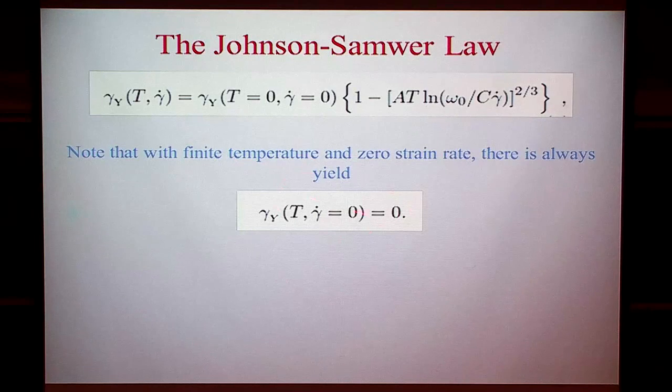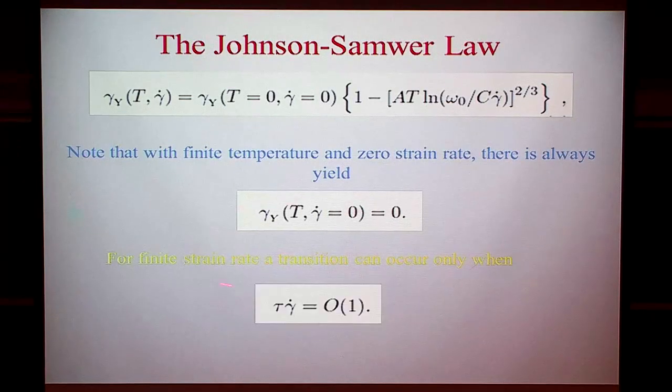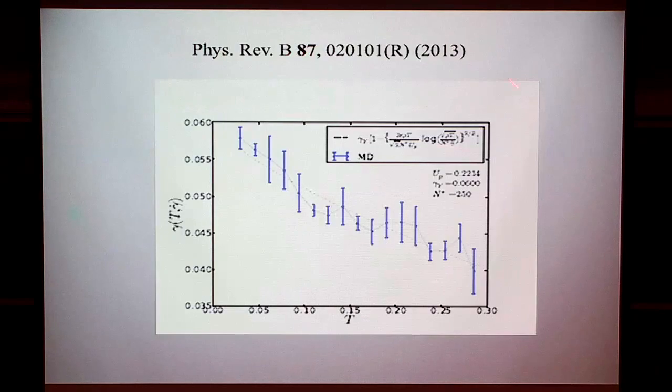But what we want to understand is the situation where you have also a strain rate. And then a finite strain rate can occur only when the time that you would compute for escape over the barrier times gamma dot is of the order of unity. If you use this and you use the theory, I'm not going to go into all the details. You can read it in this paper. It's explicit.